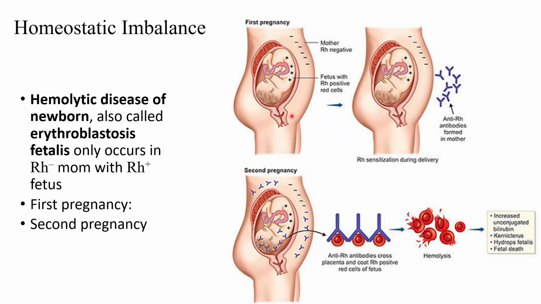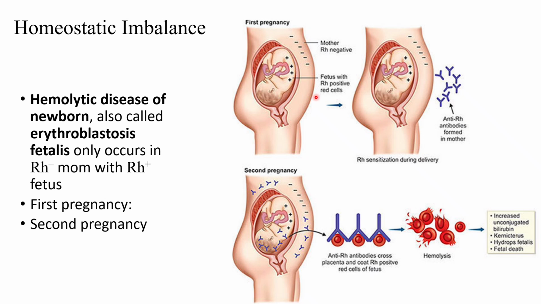Now let's take a look at the first pregnancy. During the first pregnancy, this mother, who is Rh negative, has an Rh positive baby inside her. During the first, second, and third trimester, there is going to be slight exposure of the mother to the blood of the fetus.